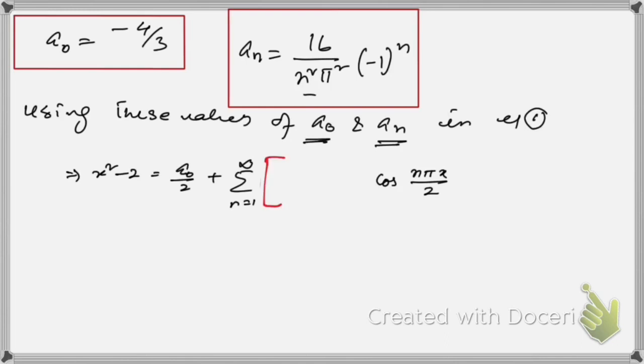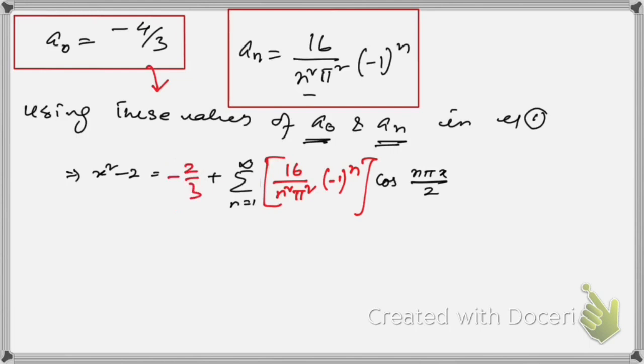Let me use the value of an here, that is 16 by n²π² times (-1)^n, and let us use the value of a naught, that is minus 4 by 3. If you use minus 4 by 3 divided by 2, then it's going to be minus 4 by 6. Minus 4 by 3 by 2, 2 cancels 4, so it's going to be minus 2 by 3.